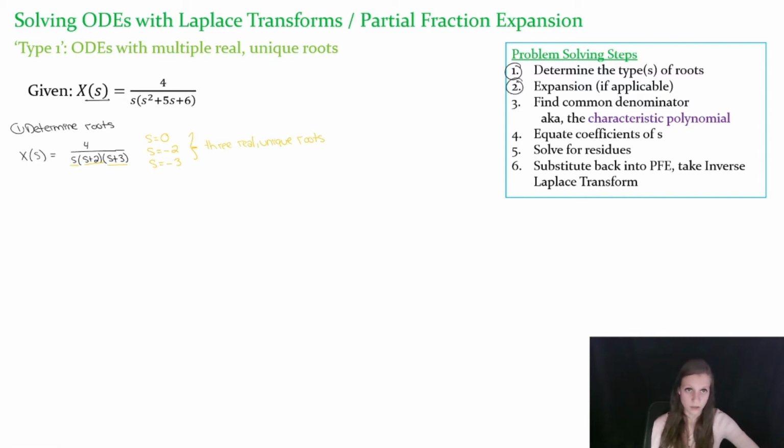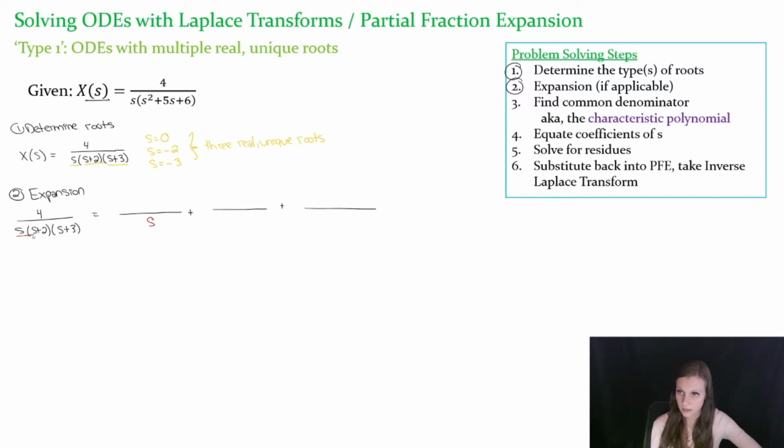The second part is to perform expansion. So I'm going to start with 4 over s times s plus 2 times s plus 3. And I'm going to set this equal to a specific right-hand side. So I'm going to make the denominator of my first term s.